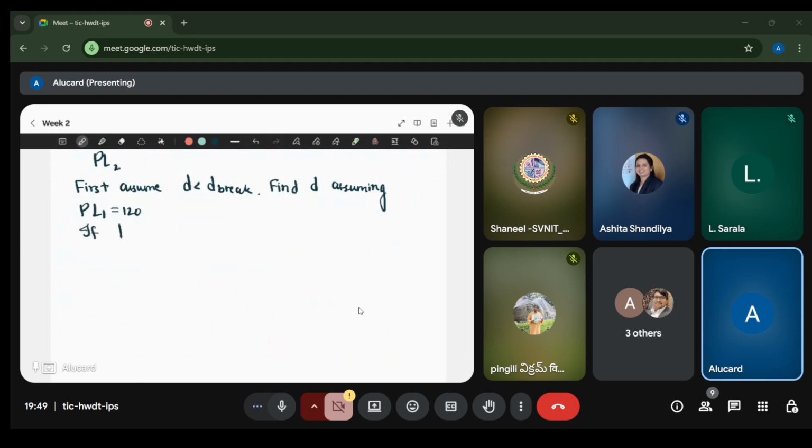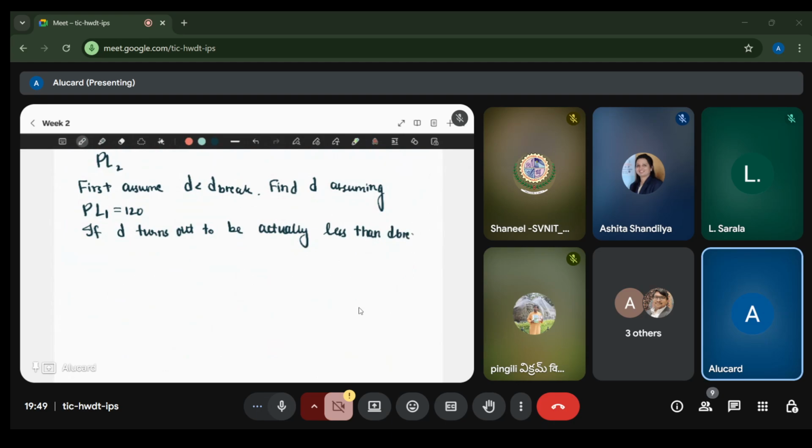If d turns out to be actually less than d break, then the calculated value is the actual value of d.